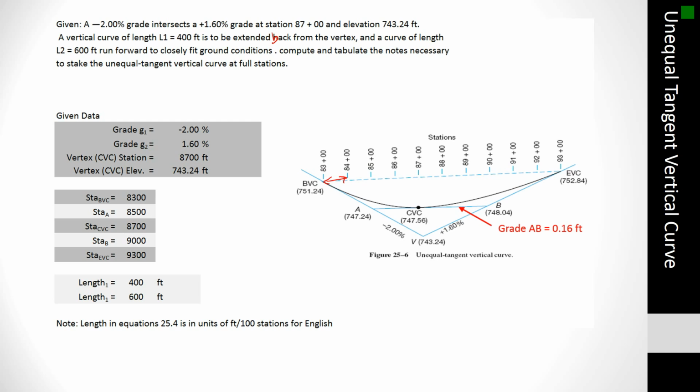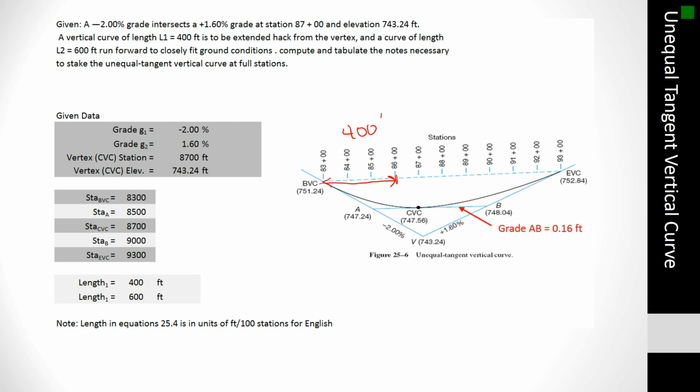So if my station here at that vertex is 87 plus 00, it says from the vertex point to the beginning of vertical curve is 400 feet.